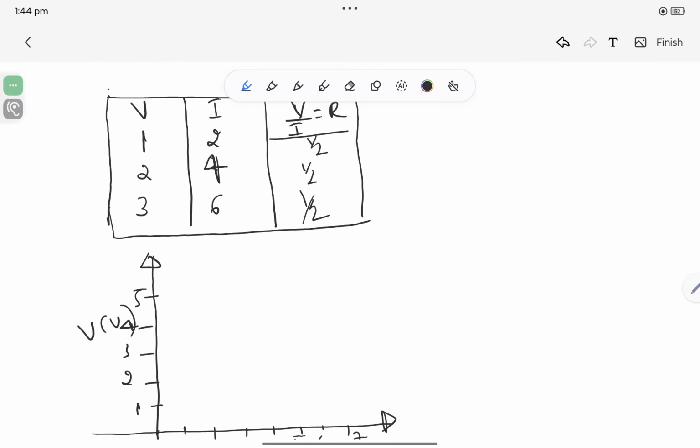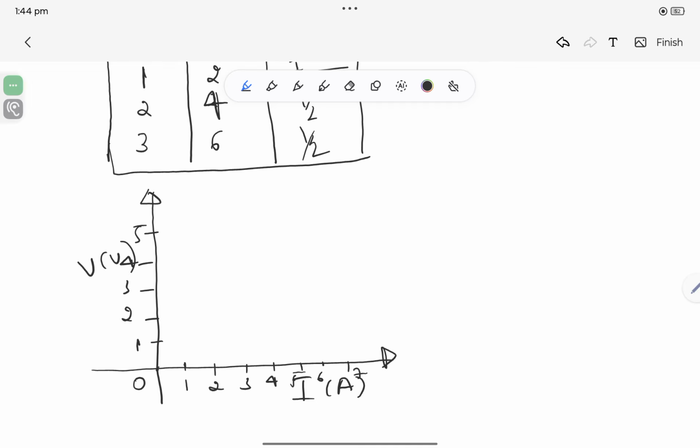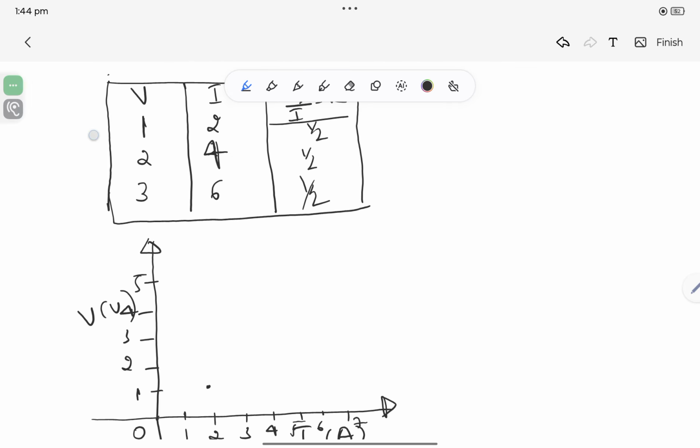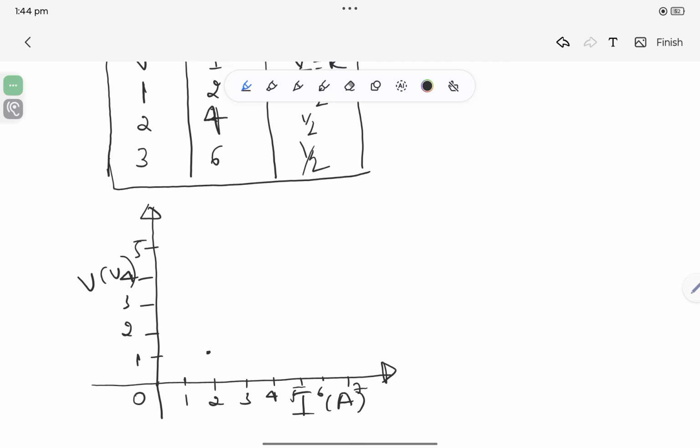When voltage is 1 volt, current is 2 ampere. Here. When voltage is 2 volt, current is 4 ampere. When voltage is 3 volt, current is 6 ampere.